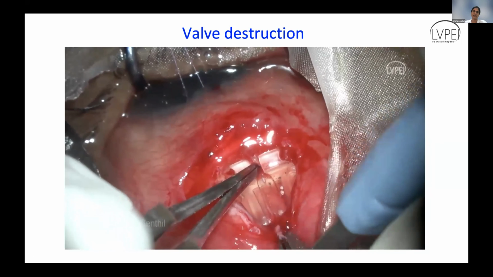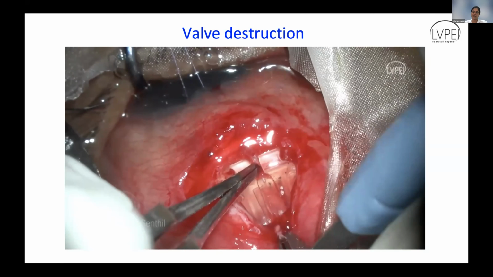So by doing a bleb wall excision along with damaging the valve, and doing a temporary ligature of the tube, like with an 8-0 Vicryl or so, and also a couple of fenestrations in the front, by about the 4th week, when the ligature opens up, this actually behaves like a non-valved implant. We have published the experimental studies on this, and clinically we have quite a number of patients that we are doing, and the results are very encouraging.